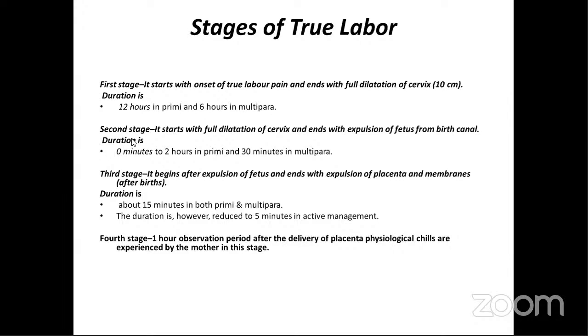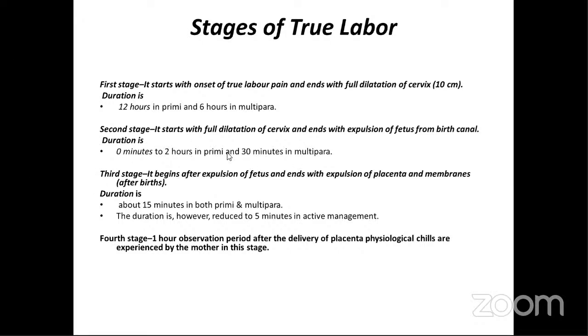The second stage of labor starts with the full dilatation of the cervix and ends with the expulsion of the fetus from the birth canal. The normal duration is almost 0 to 2 hours in primi and 30 minutes in multipara. Actually I cannot say 0 in primi. It is at least 30 minutes to 2 hours in primis, and 0 to 30 minutes in multipara.